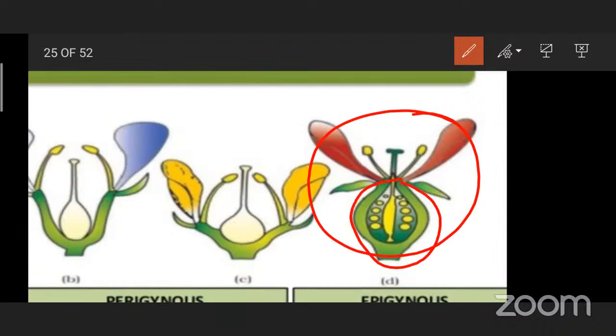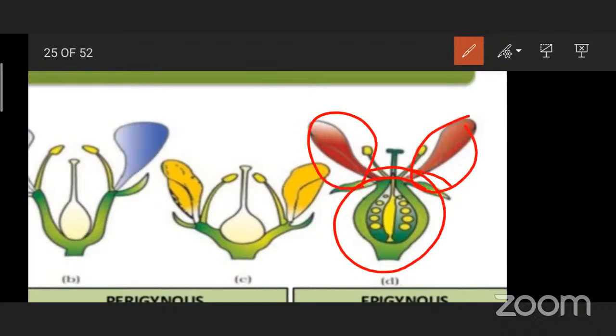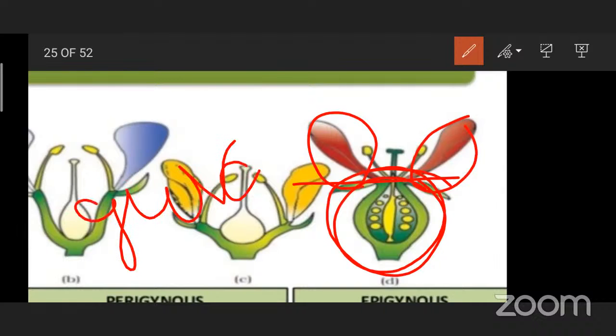In epigynous flowers, the margin of the thalamus grows upward, enclosing the ovary completely and getting fused with it, while other parts of the flower arise above the ovary. Hence, the ovary is said to be inferior. Example, guava. Another example, cucumber.